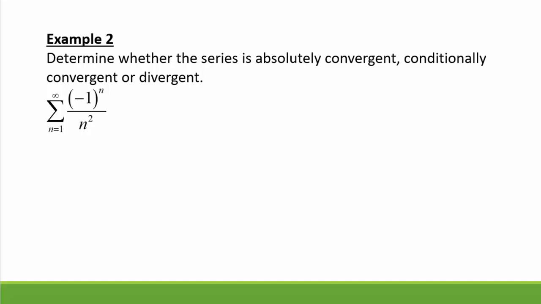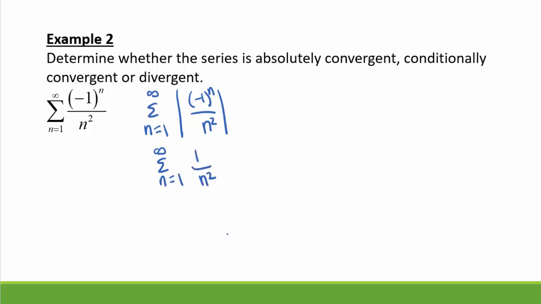Okay, next example. Determine whether this absolutely converges or conditionally converges. So what you want to look at first is the absolute value of it. Well, when I'm looking at the absolute value of that, I'm really looking at what that series is.